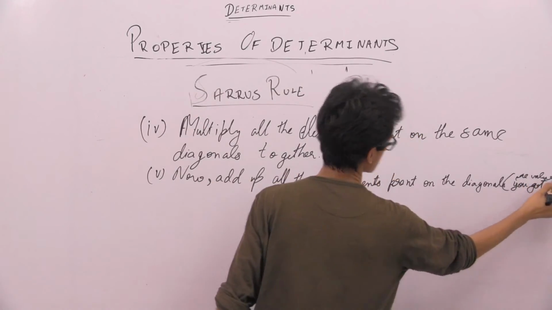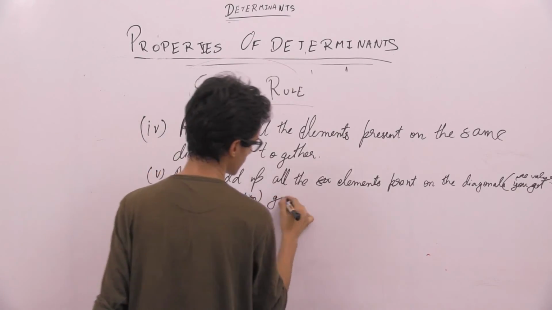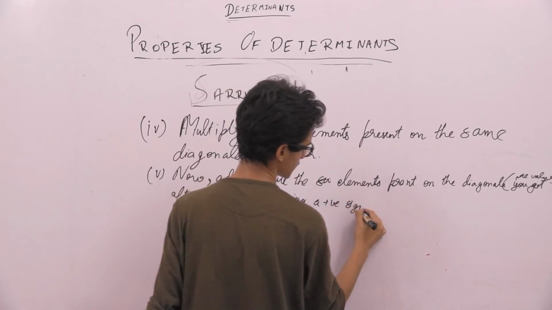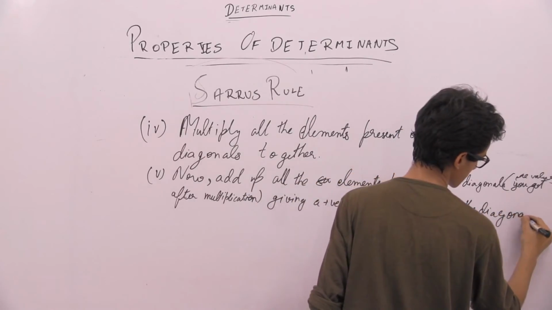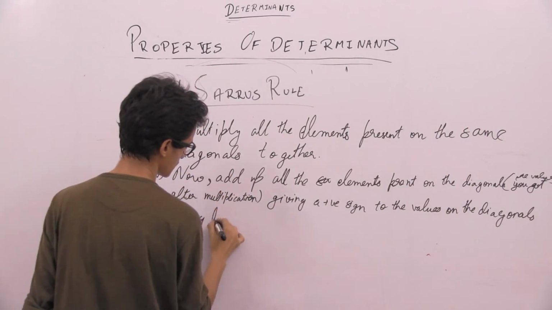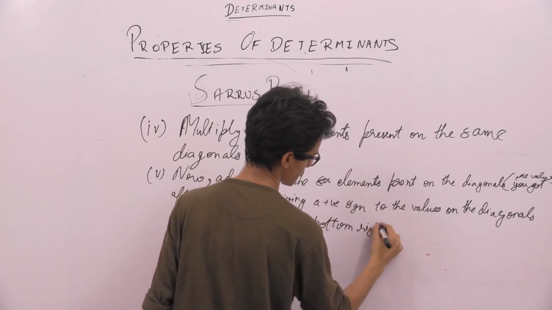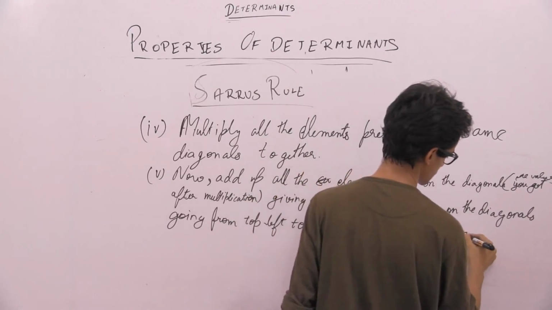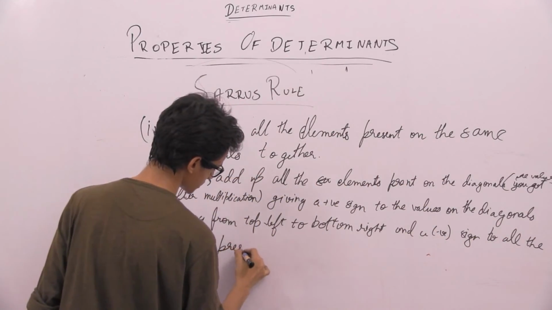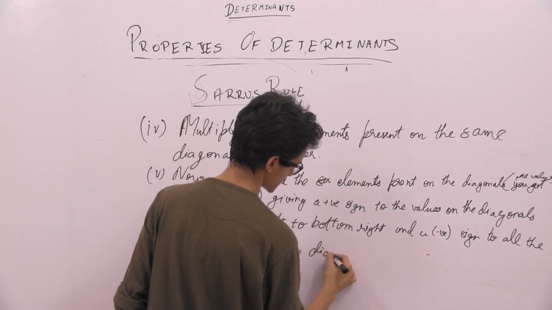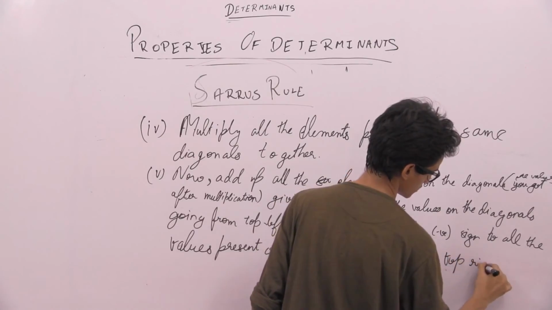The values you got after multiplication, giving a positive sign to the values on the diagonals going from top left to bottom right, and a negative sign to all the values present on the diagonals going from top right to bottom left.